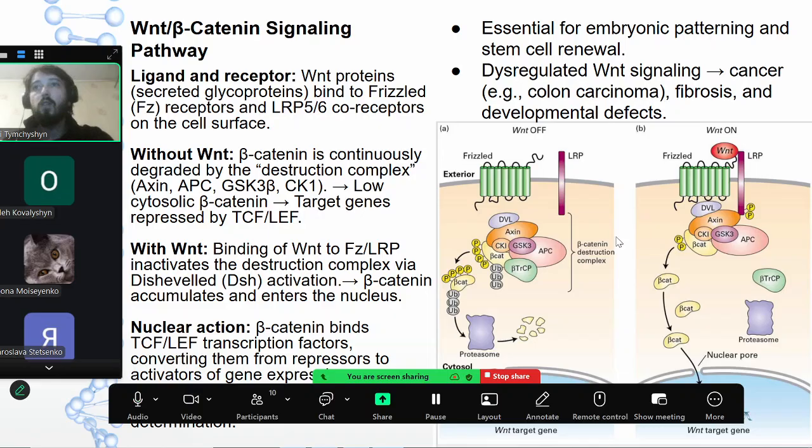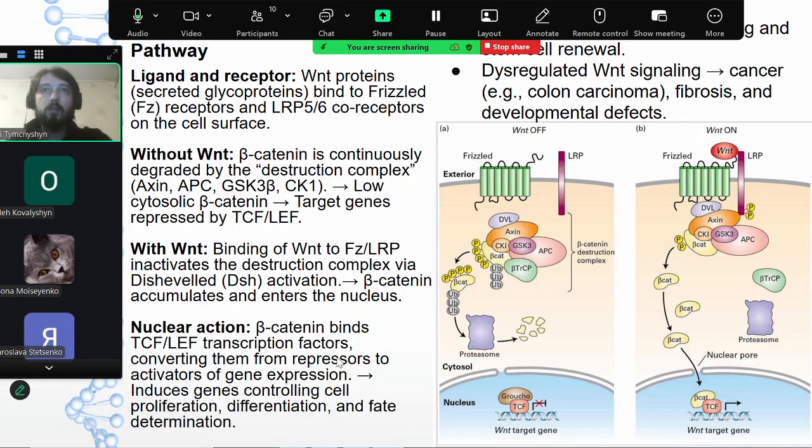So one more pathway where everyone phosphorylates everyone, but here is a nice interesting catch in this pathway. So Wnt proteins, secreted glycoproteins, bind to Frizzled receptors and co-receptors on the cell surface.